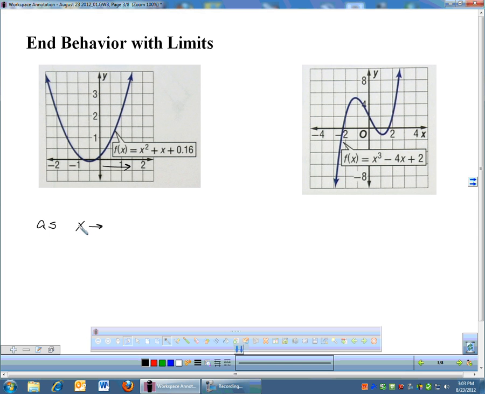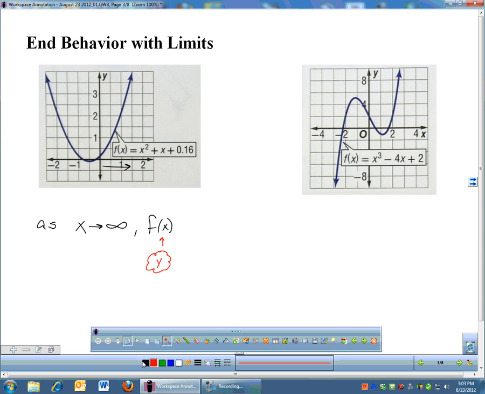And the way I do that is saying as x approaches, that's what the arrow stands for, infinity. So as x approaches infinity, or as I move to the right, my function, f of x, and remember f of x, you could think of that as saying my y values. F of x is kind of like saying y. So as I move to the right, my y's, my function, is going up.